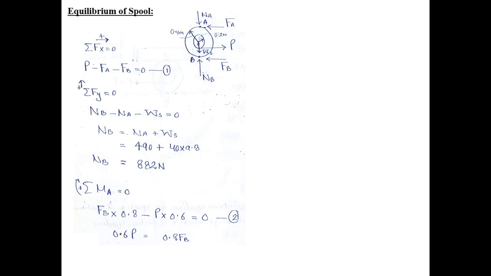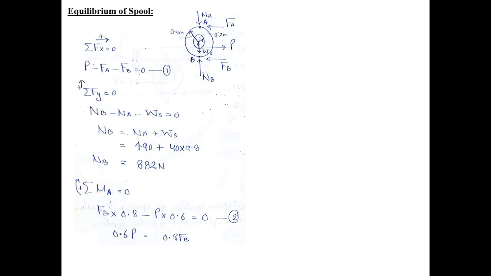So I am applying the moment about point A, sorry. Yes, I am applying the moment about point A. From this point, the moment arm for this force P will be 0.6.